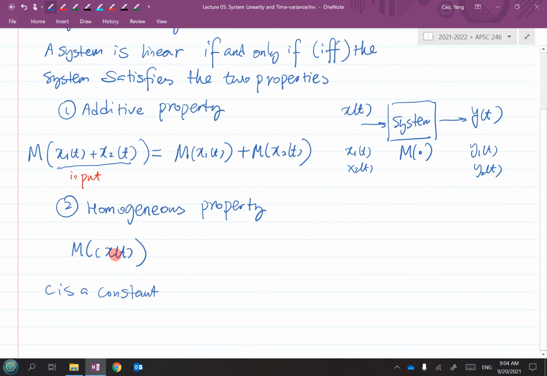This input produces an output, and the homogeneous property says this has to be the same as c times M of x of t. So these two properties ensure that the system is linear. Or the other way around, if the system is linear, then it will follow these two properties.